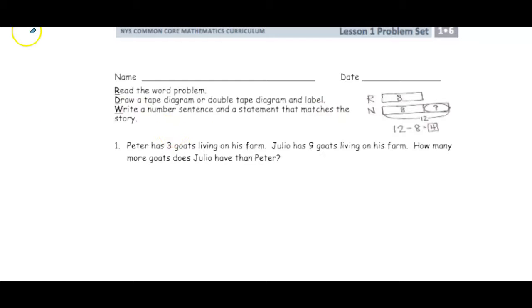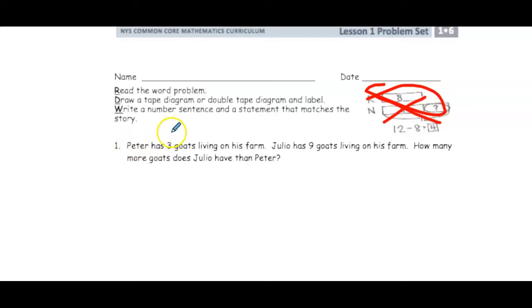Okay, this is actually in your packet. So I want you guys to try this one. Now, if you look right here, there's a picture. Just ignore that, okay? Draw your tape diagram the way that we have been, okay? So let's read it together, and then you guys put me on pause, come back and check your work.